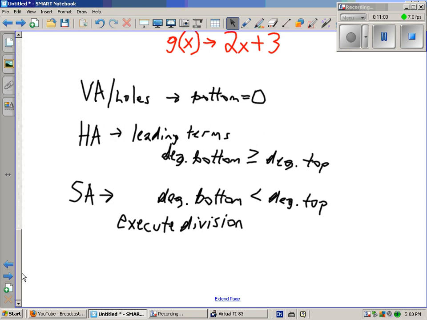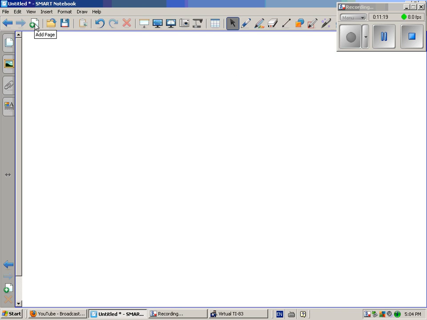Now that I've done that, I have to let you in on a little secret. When we first looked at asymptotes, I defined the asymptote as a line that the graph approaches. That was only semi-true. Not the graph approaches part, that's fine.